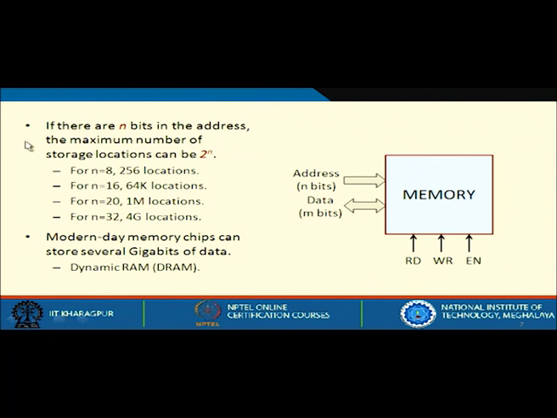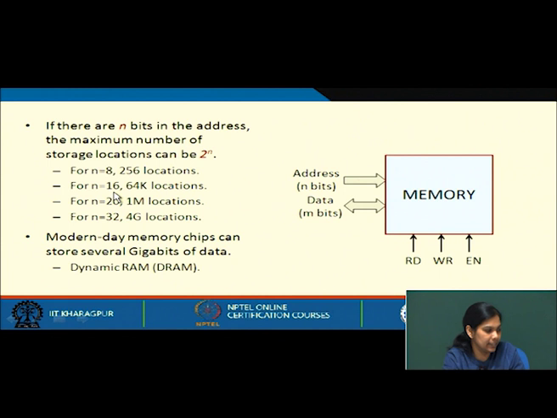For n equals 8, 256 locations. For n equals 16, that is 64k. For n equals 20, 1M locations, and for n equals 32, 4G locations can be accessed.